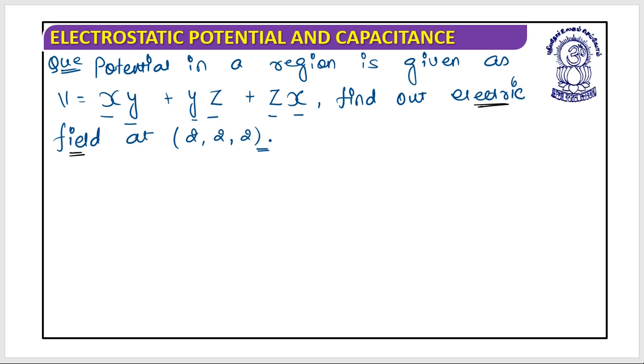Do you understand what I mean? You need to find the electric field in x direction, in y direction, and in z direction, and then add them according to vector rules. So let's begin. But how could I find out Ex?